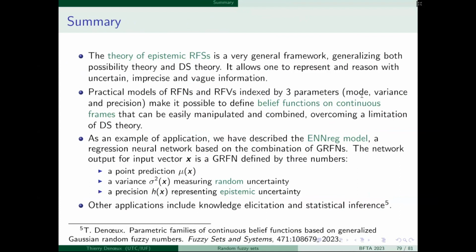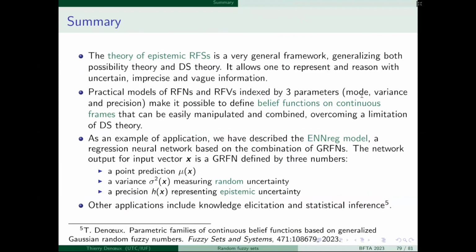I have also defined practical models of random fuzzy numbers and vectors indexed by three parameters. This makes it possible to define belief functions on continuous frames that can be easily manipulated, combined, and so on. And I think this overcomes the severe limitation of Dempster-Shafer theory.